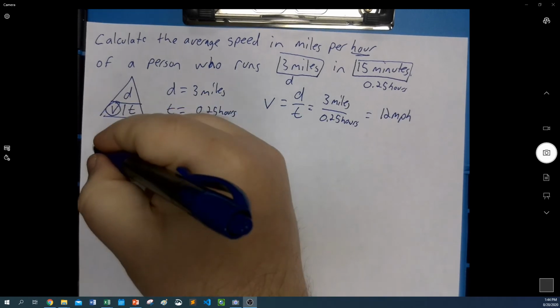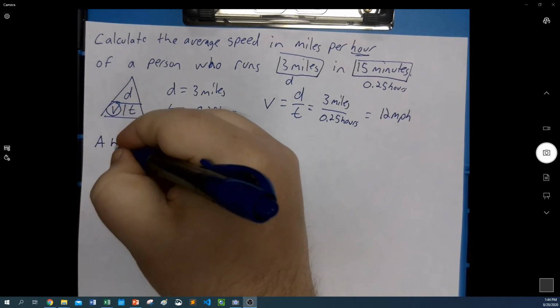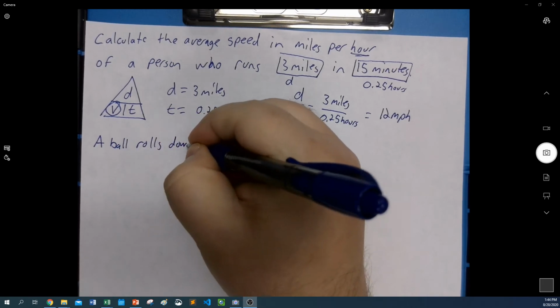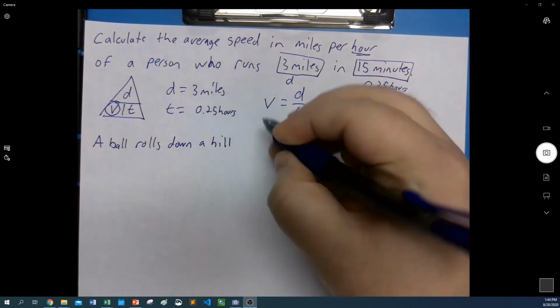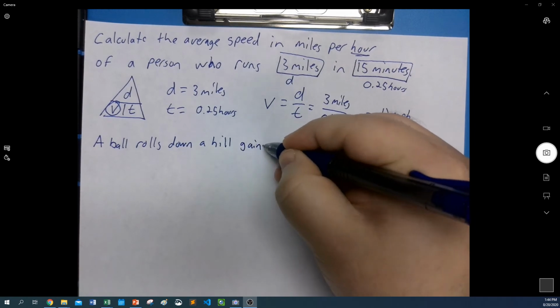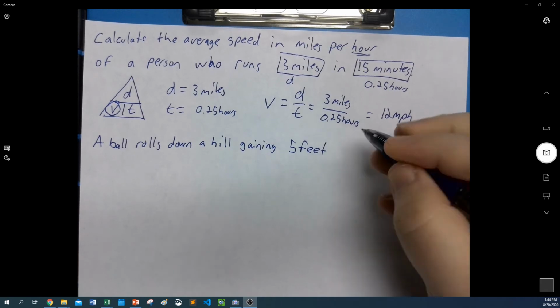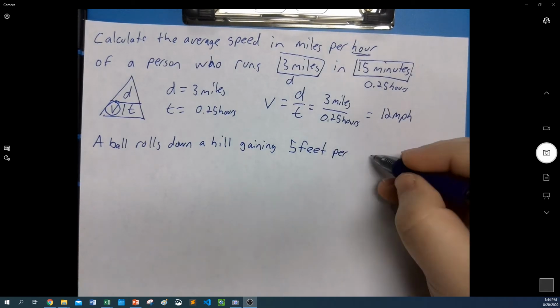Another example, a ball rolls down a hill gaining 5 feet per second squared.